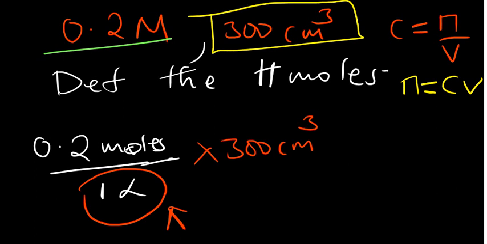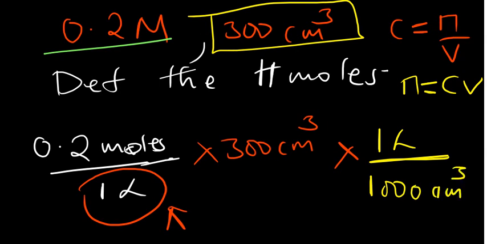And we've said in every liter you have 1,000 cubic centimeters, so we can divide the 300 by 1,000 and these units will go. I've just converted the 300 to liters, then I need to multiply according to the formula that you guys have given me. You've told me your number of moles is basically the product of concentration and volume.